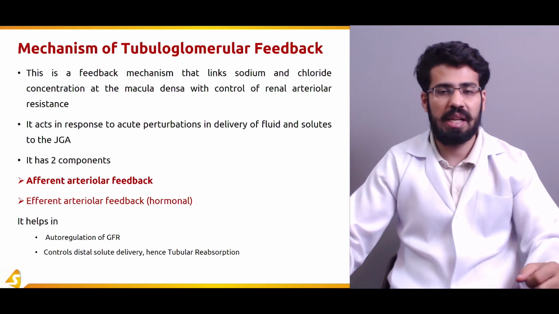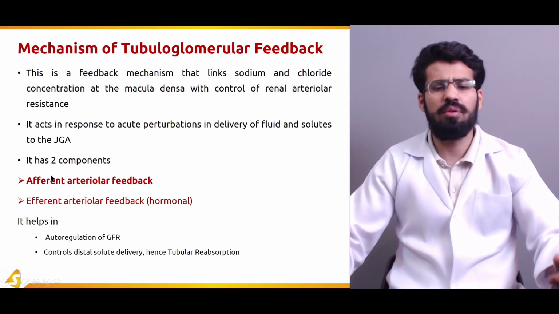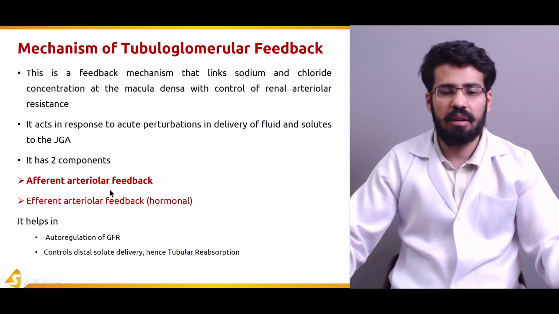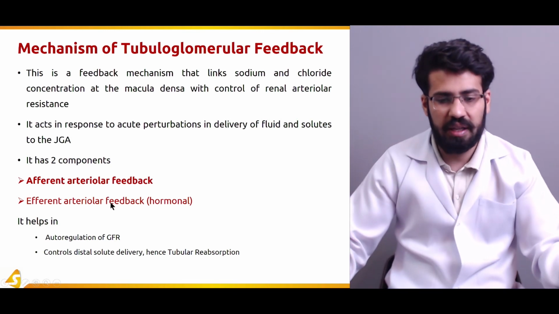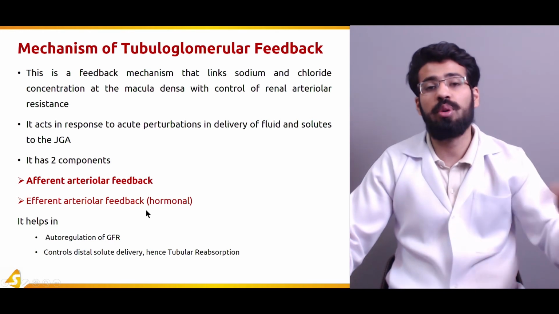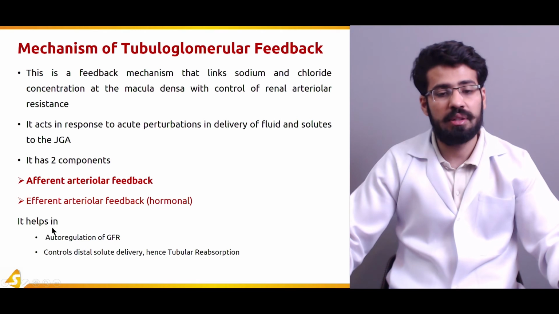These are the type of cells present in the juxtamedullary nephrons. So it has two components. Number one is the afferent arteriolar feedback. Number two is the efferent arteriolar feedback. Of course, that is hormonal because of the absence of the voltage-gated calcium channels. That has been discussed in the previous slide.